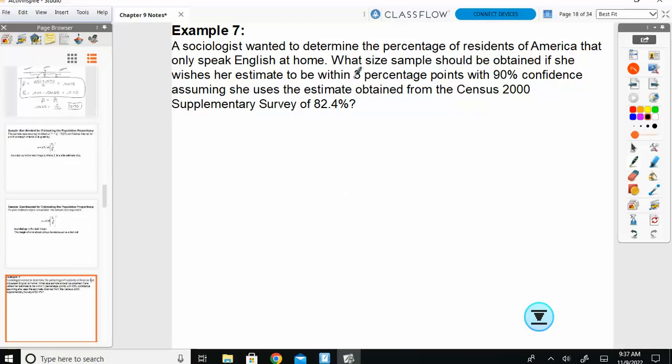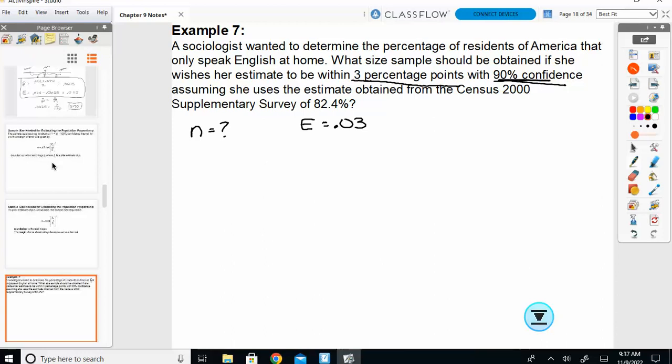A sociologist wants to determine the percentage of residents of America that speak only English at home. What sample size should be obtained? So we're trying to find n. If she wishes her estimate to be within 3 percentage points, so that is my error, the error would be 0.03. 90% confidence.